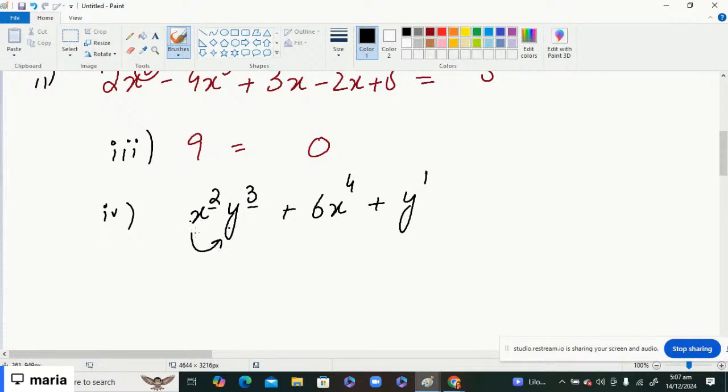These two are multiplied, so we count these two, and the degree of this term is 5. Add up. So what is basically the degree of the polynomial? The highest sum of exponents of any monomial of the polynomial. So the degree of the given polynomial is this. Okay.